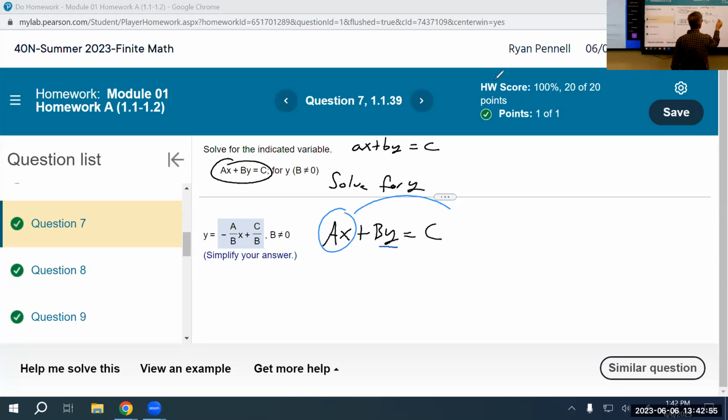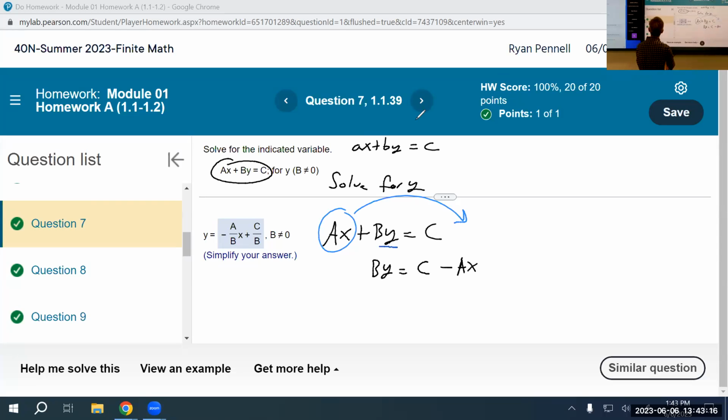We want this Ax over there, and if it goes over there, it's going to flip sign. So we have c minus Ax, where we subtracted Ax from both sides. Now we have a coefficient on the y, and we don't want that. We just want y.